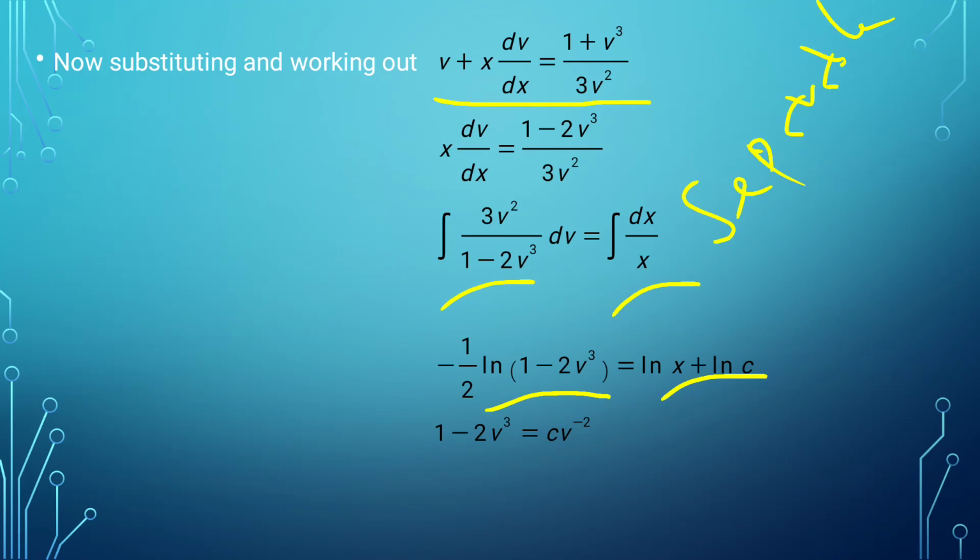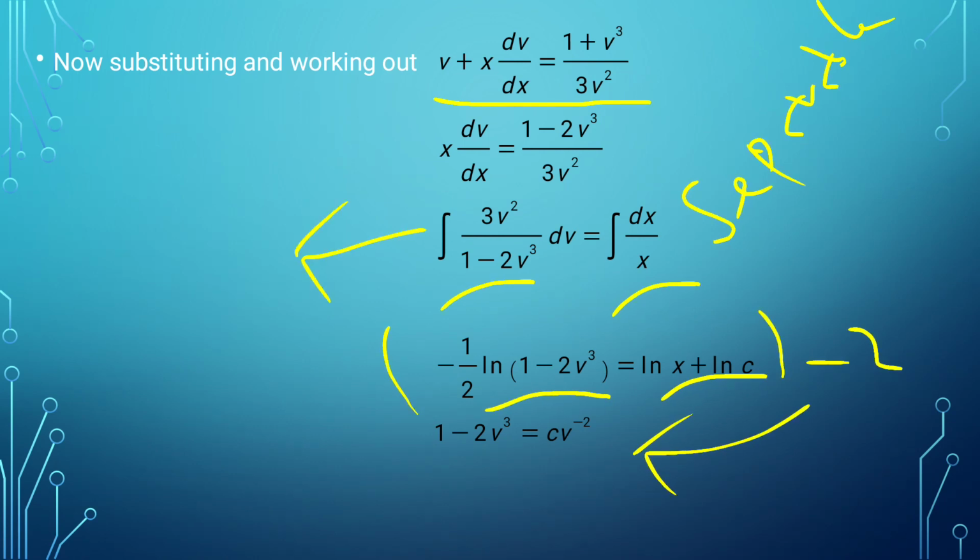So what do we have here? If you multiply everything by negative 2, that's the reason you can see this. Just to mention here, integrate this by parts.